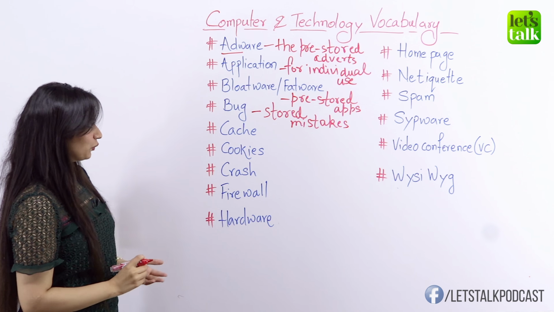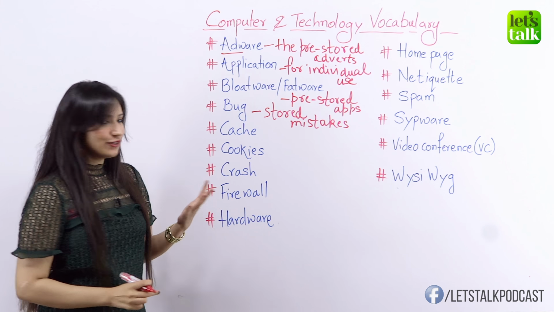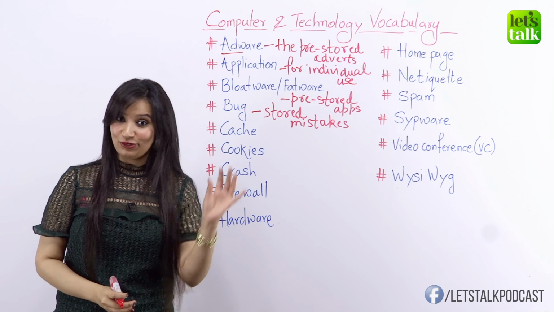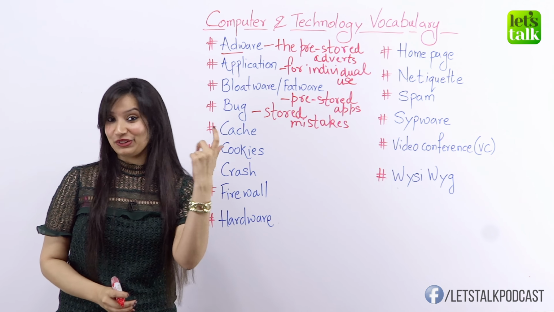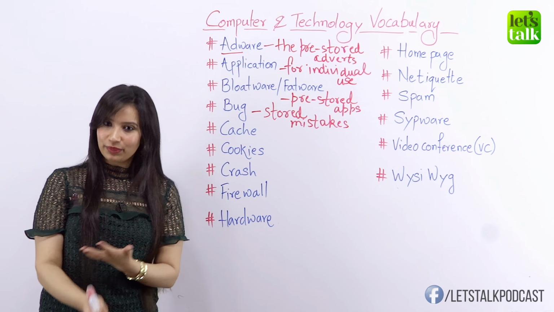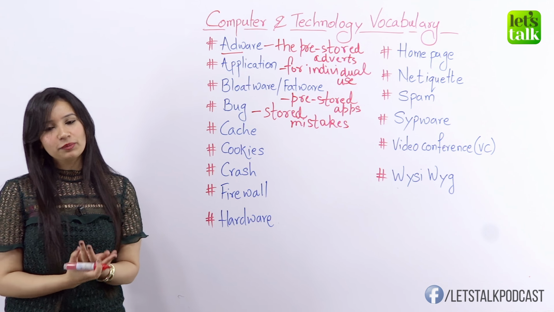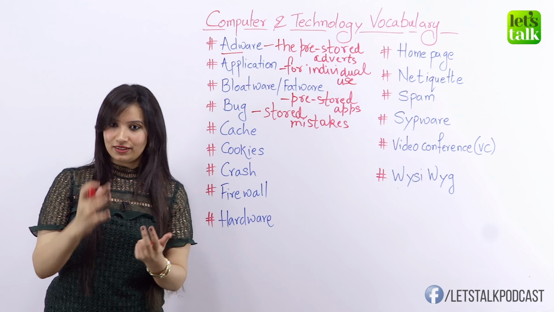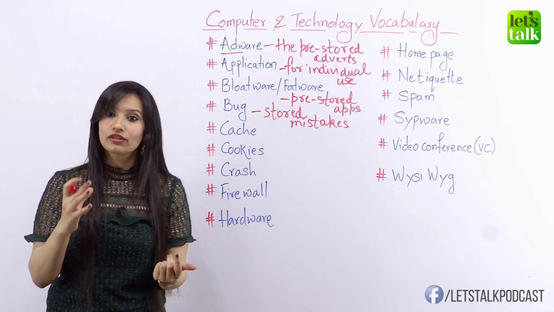Let's look at the next word, cache. So cache are small pieces of information, not the cash that we usually know in terms of money. Cache is pre-stored information, information pieces in your device. Whenever you visit a particular website, there is data that your device or maybe your computer stores locally.